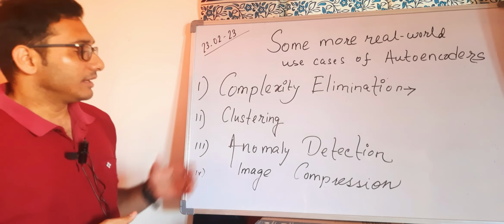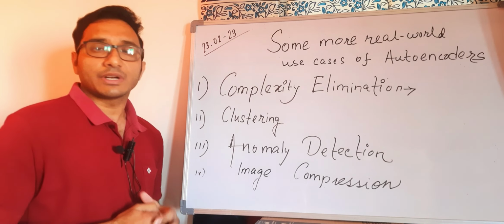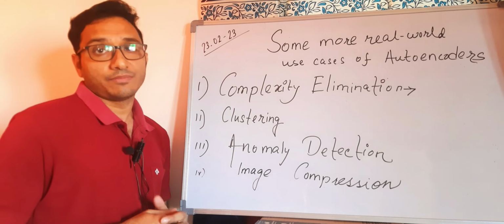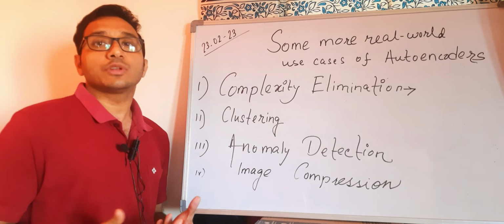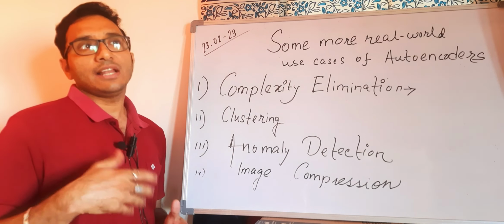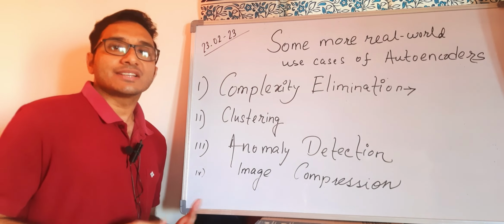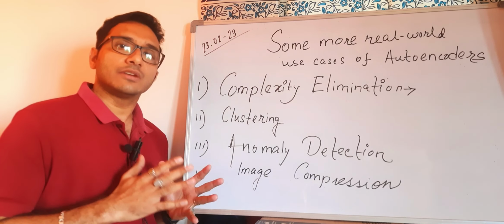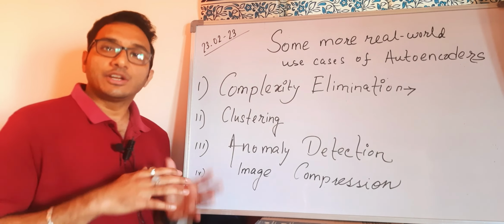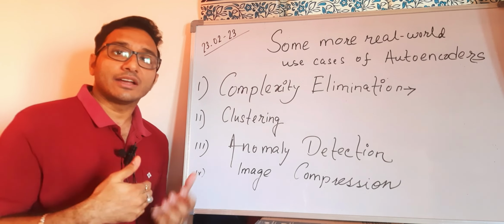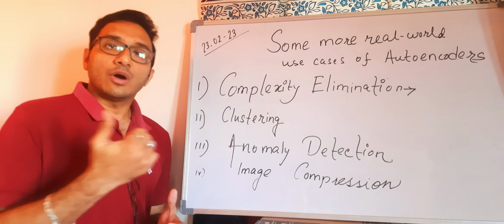Image compression is definitely a very well-known problem statement, but autoencoder can also be used for that. Why? Because it does a dimensionality reduction process while processing any input data. While it captures some input image data, it converts the input into a distorted version by reducing the dimension, and from the distorted images it tries to reconstruct the original input.